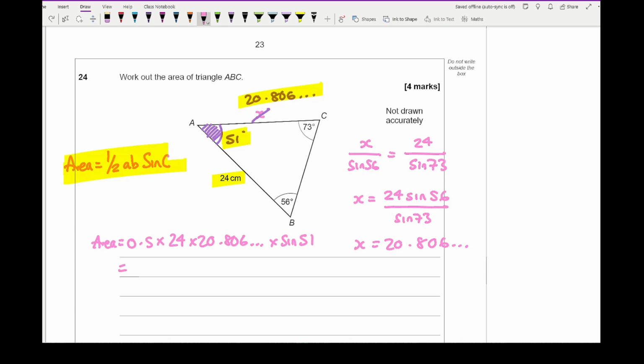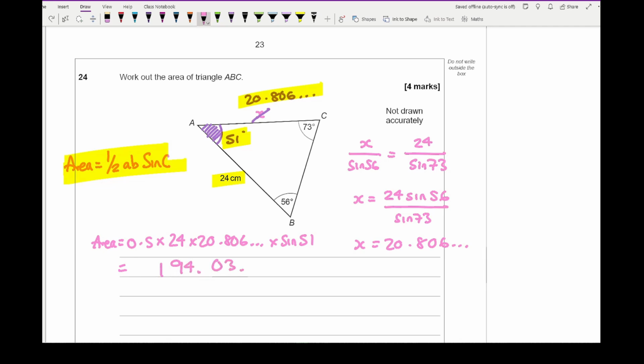And if I type that all into my calculator, let me just do that. So I've got 0.5 multiplied by 24 multiplied by 20.806 multiplied by sine 51, and I get an answer of 194.03 blah blah blah.